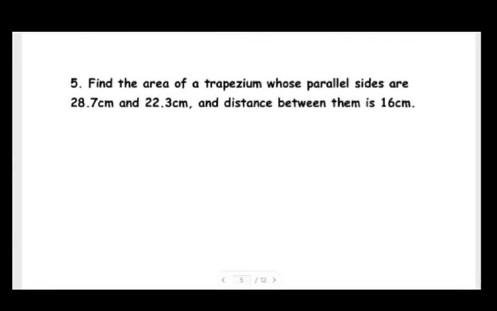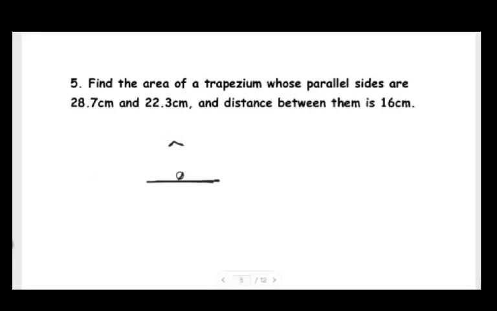Find the area of a trapezium whose parallel sides are 28.7 and 22.3 centimeters and the distance between them is 16 centimeters. If I use the word distance, this is my trapezium, these are my parallel sides. What's the distance? Distance is nothing but the perpendicular height.